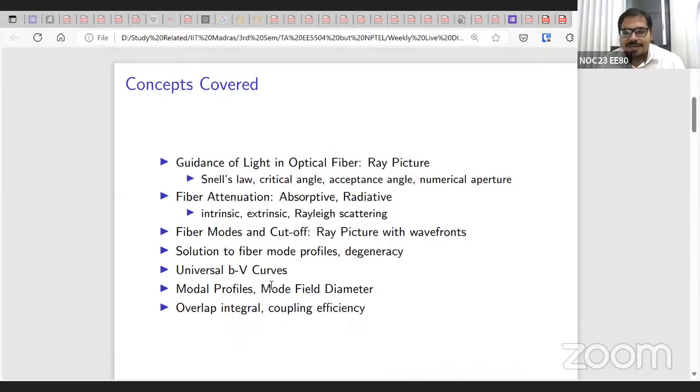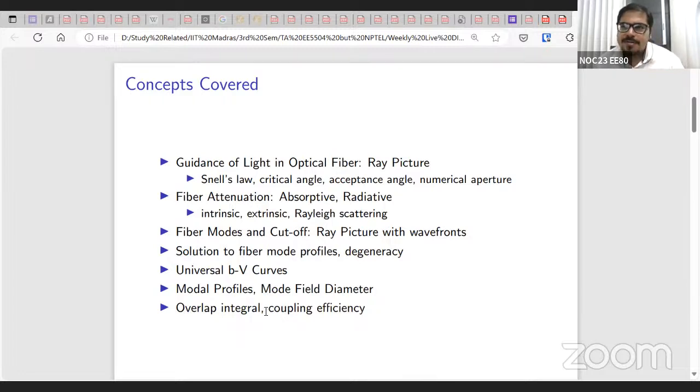So I think you're asked to use that relation, overlap integral and coupling efficiency. This is an important concept, but while using single mode fibers, and if you use all of the fiber coupled components, we'll try to show you some of the components later.